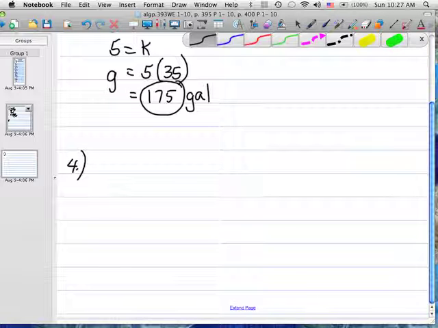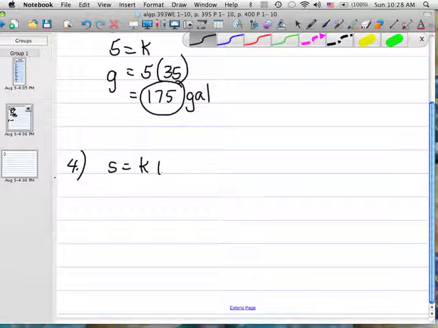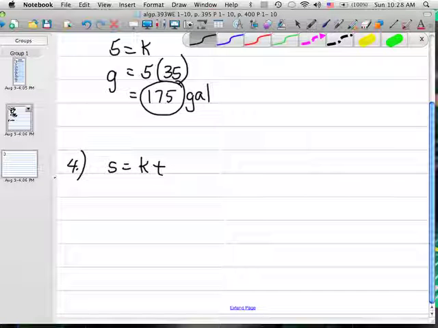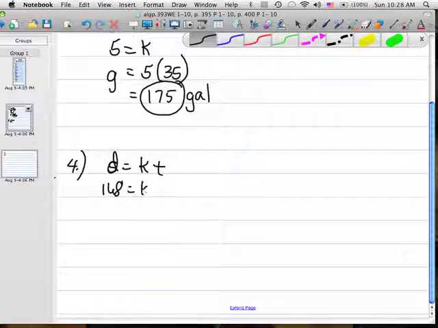Problem number 4, the distance traveled by a truck at a constant speed varies directly with the length of time it travels. So if it travels 168 miles in 4 hours, how far will it travel in 7? The distance, I'm sorry, not the speed. So the distance is 168 and the time is 4.